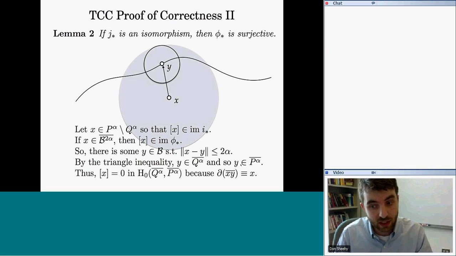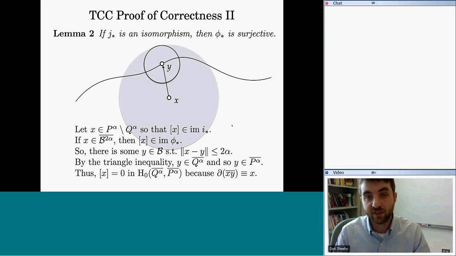If y was in P alpha, it would be a point within distance alpha. But since y is in the boundary, that point would have to also be in Q, but not in Q alpha. So y is in P alpha bar, and so it implies that our x really was 0 in the image of I star, because I can take a straight line segment from x to y. That's a 1-simplex, and its boundary is just x, because y lives in P alpha bar.